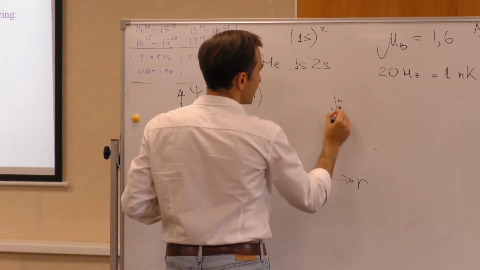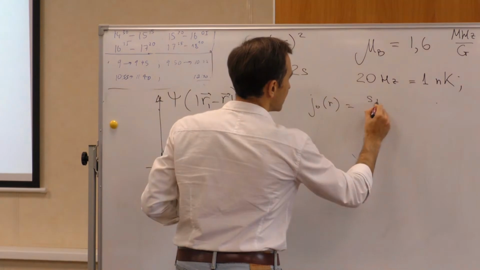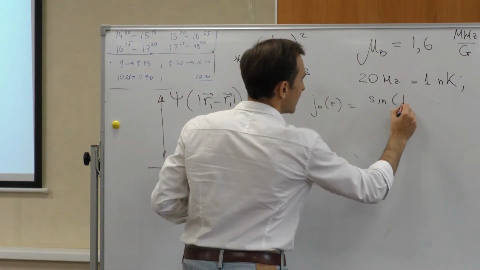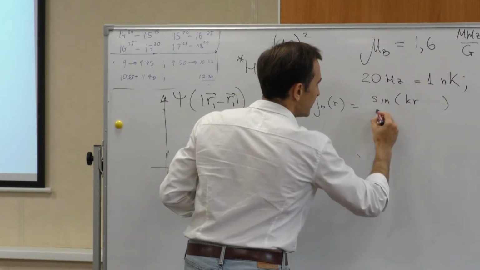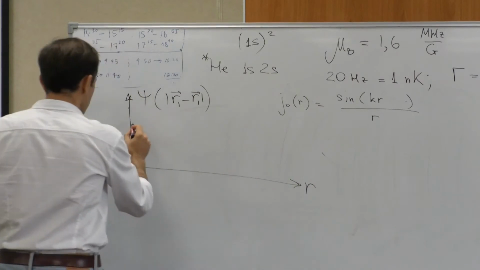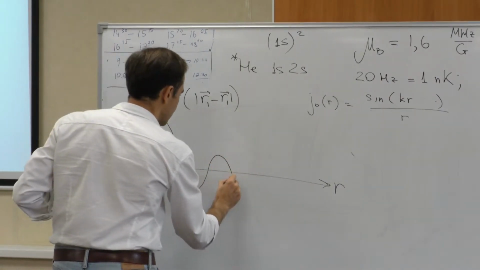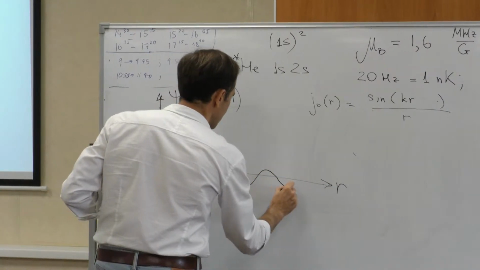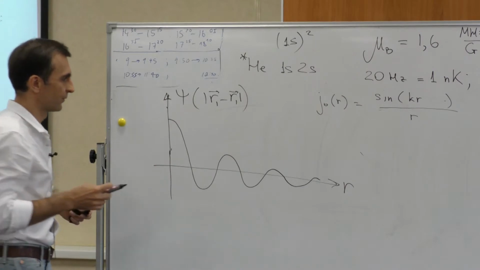What the zeroth order Bessel function is? It is sine of kr, and I will leave space here, divided by r. So that's the Bessel function. It is oscillating, and it is going down as it oscillates.